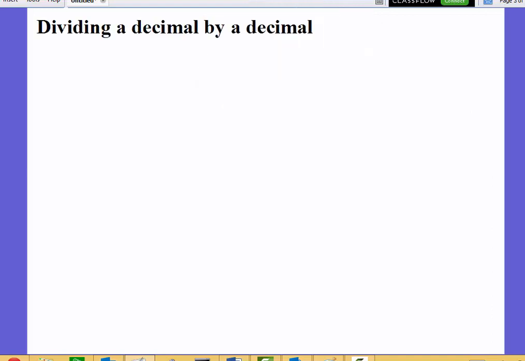Alright, our last one is when we have a decimal divided by a decimal. So let's do 4.5 or 4 5/10 divided by 1.5 or 1 5/10. So my very first step is I'm going to look, do I see a decimal in my divisor? Yes, I do.